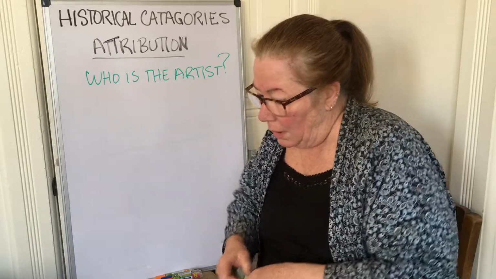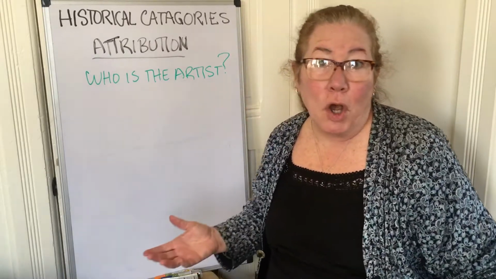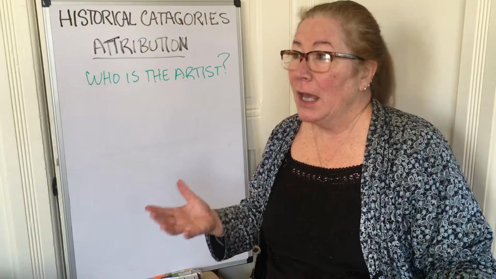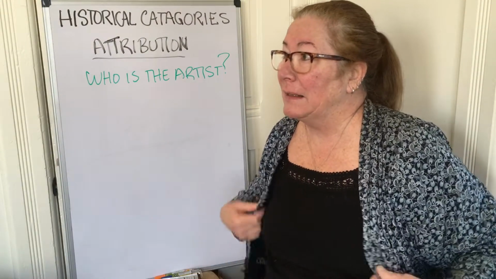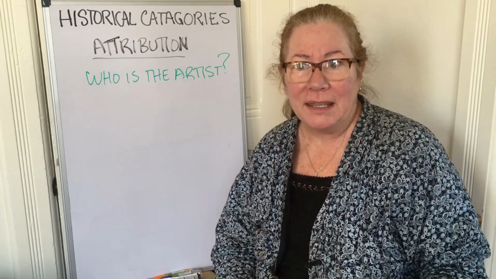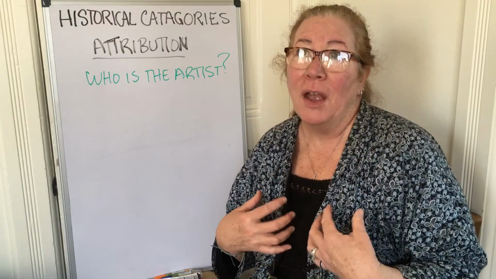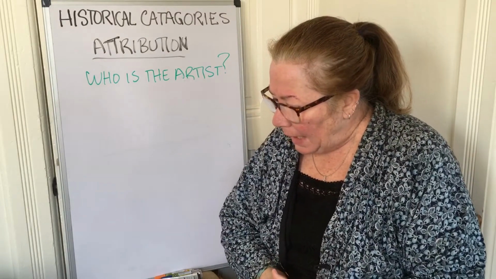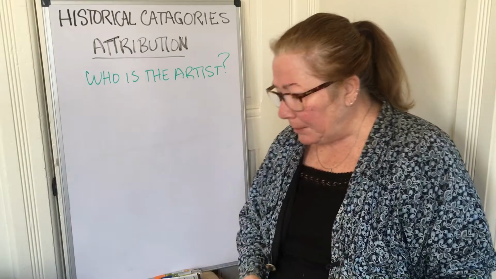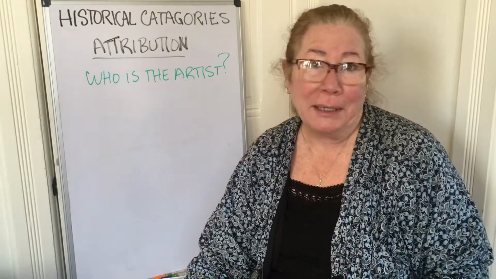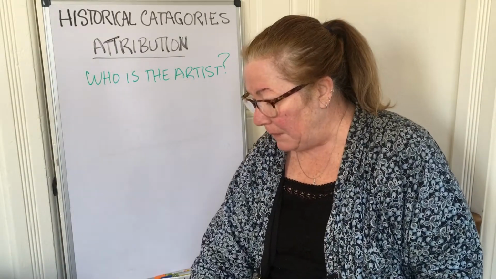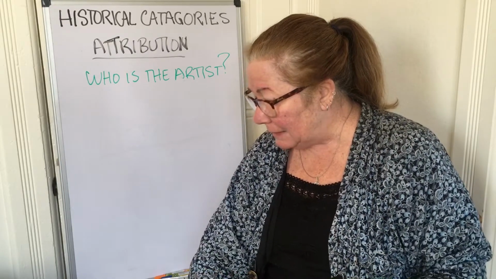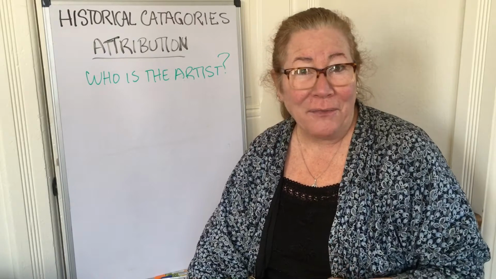In some cases, we never know the name of the artist. We're looking at ancient Egypt and things like that, where the artist was very important, but the individual artist was not. It was more like the collective, right? So in some cases, we never know, and many argue that it doesn't make any difference. In the broad history of art, it is a history of art, not of artists.